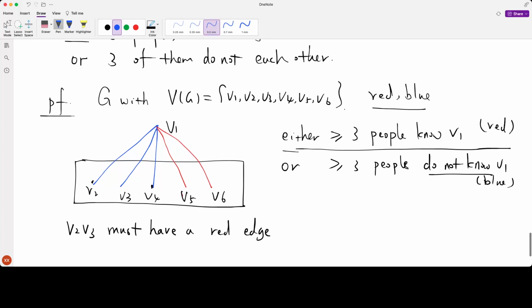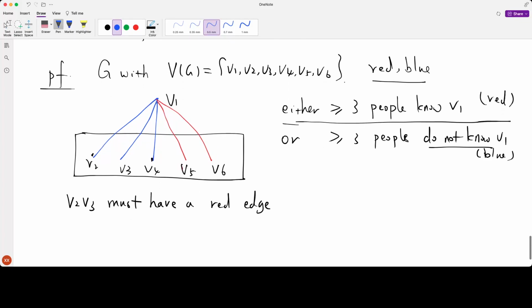Sorry, I'm confused with the color. So here is blue. Here is red. Okay. So continuing with this picture, if V2, V3 has a blue edge, then I have found a blue triangle. So the three of them form a triangle, and we are done. We are finished with the proof.